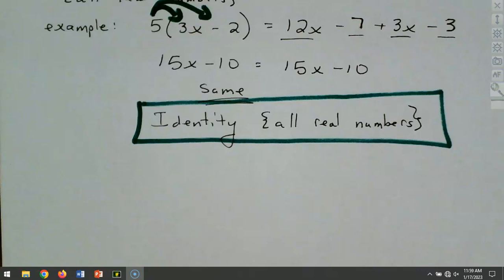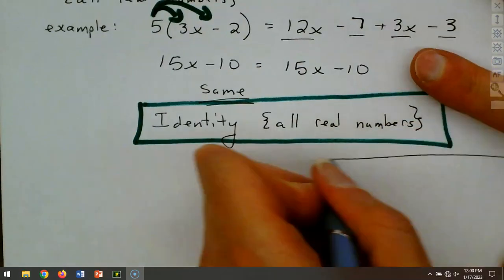Let me find one here. Let's see. How about we look at... let's do another fraction one. On page 111, question 32. I'll write it up if you don't have your textbook.